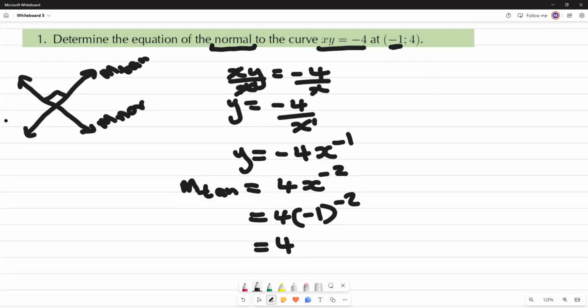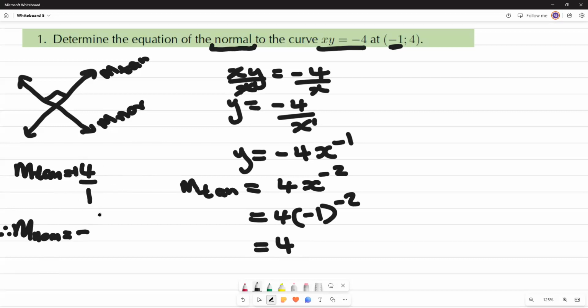Okay, so let me just show you a trick. M tan is 4 over 1, right? Remember, if it's just 4, it means it's over 1, which means therefore for m of the normal, this is what you do. If this is positive, this will be negative. So the signs are always opposite for perpendicular lines. So this was positive 4 over 1. This is going to be negative.